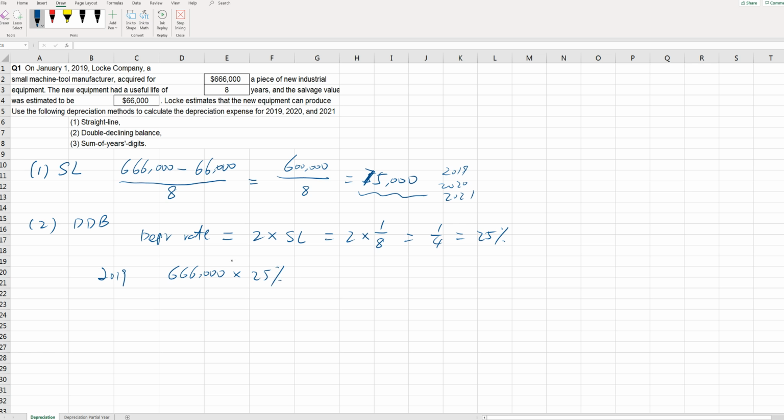So for 2019, you do the calculation for the depreciation expense. It's $166,500. And after we depreciate this asset, what is my remaining book value?